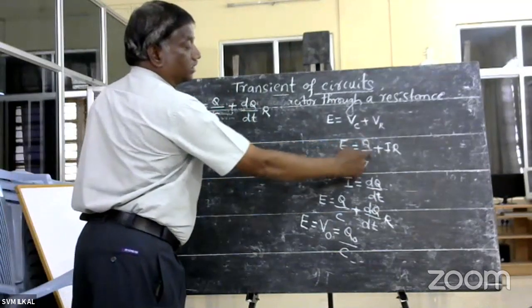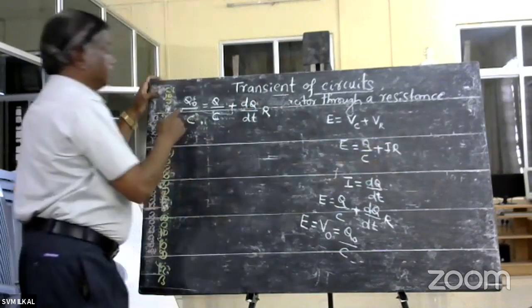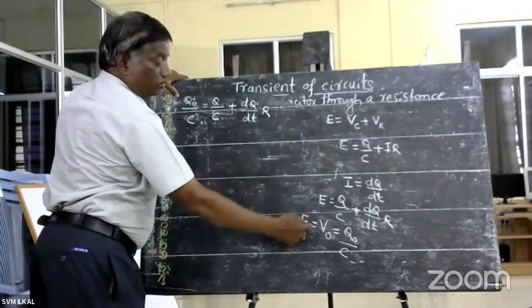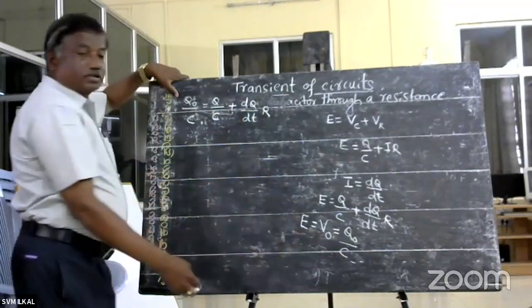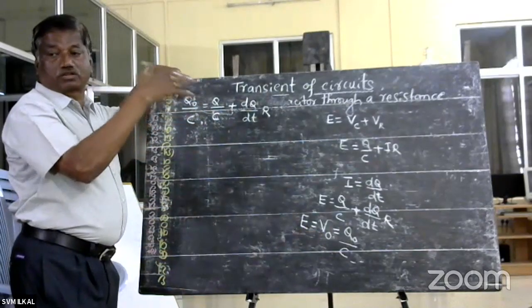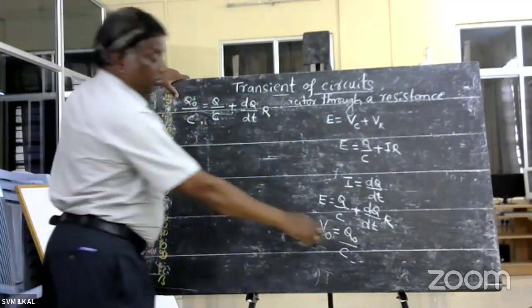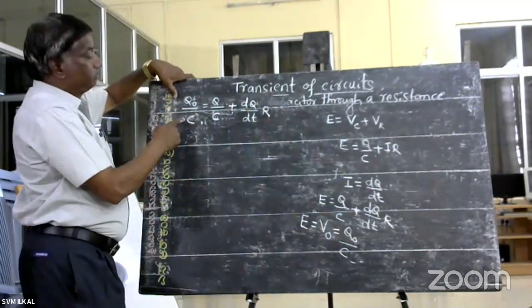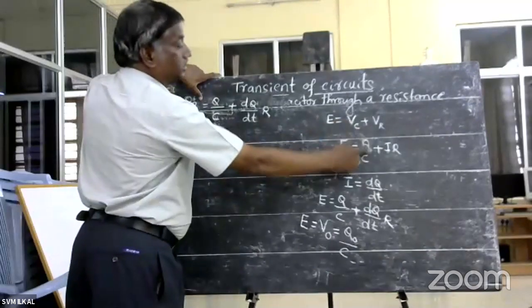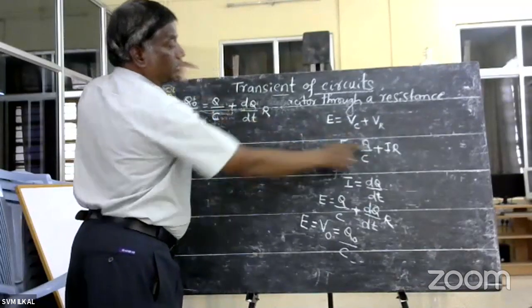E equal to Q by C plus IR can be written as E equal to the maximum voltage after a certain time. After a certain time means when the voltage of the capacitor is the maximum, that is equal to Q naught by C. So E is substituted as Q naught by C, equal to Vc, which is Q by C, plus IR.